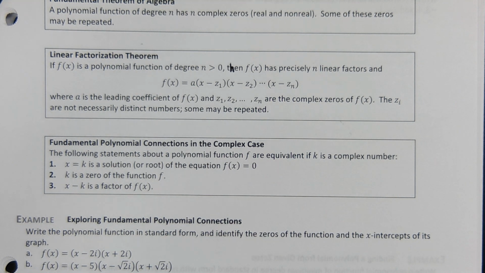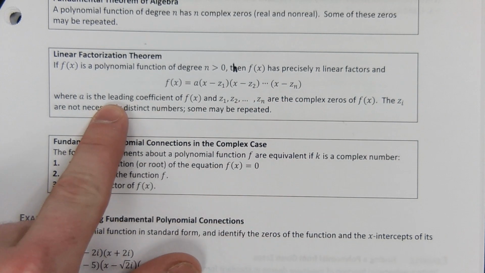Because you can't really say x equals. That doesn't make much sense. How's x going to be an imaginary number? X is the real number line, right? Or complex number, I should say. So you should technically say z sub. Am I going to ever get on your case if you write x equals 2 plus i? No, I'm not. I'm just letting you know why there are z's in this box.